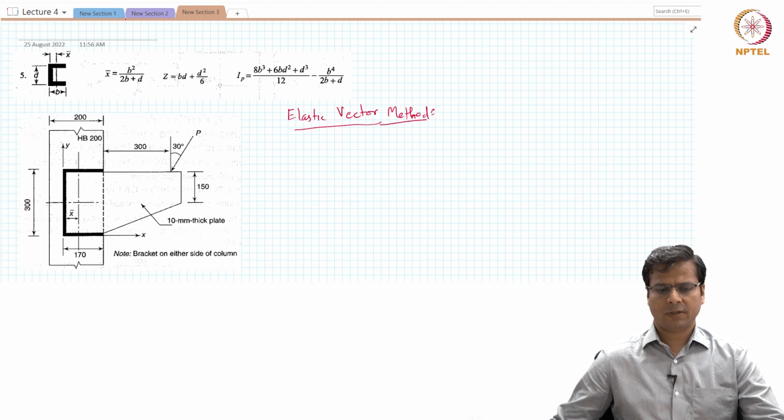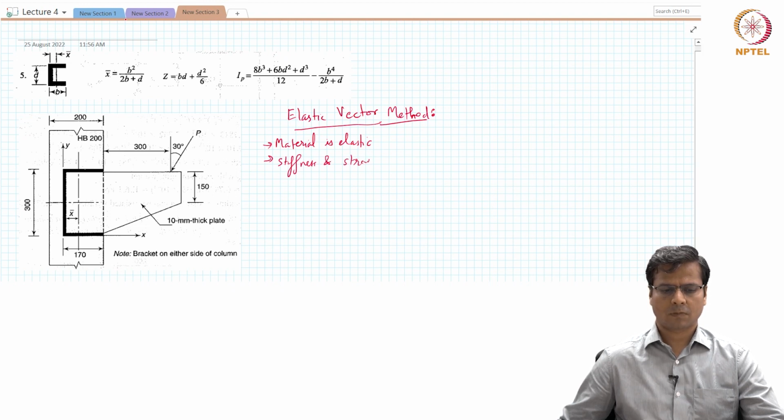So one assumption here is that we are assuming that material is elastic throughout. Other assumption is that the stiffness and strength, when I say material, I mean weld material, and strength do not depend on the orientation.